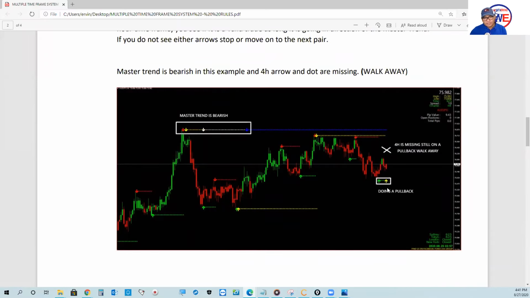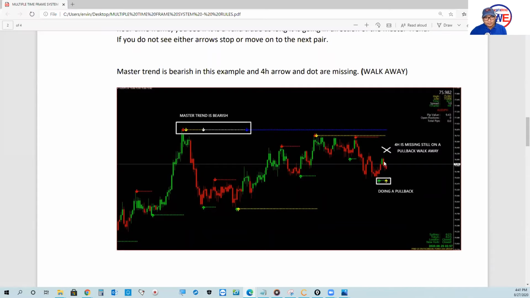So what we have here is a pullback. We know it's a bullish market, but it's doing a pullback. So the question here is, do we need to enter the market? Obviously not, because the market is still pushing up. There's no multiple time frame arrow showing us we need to go down, so stay away.